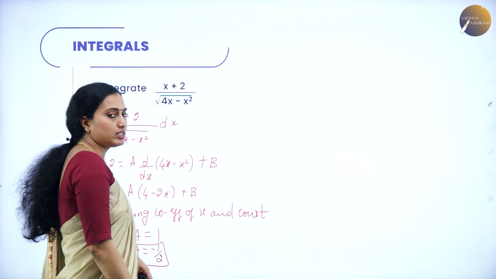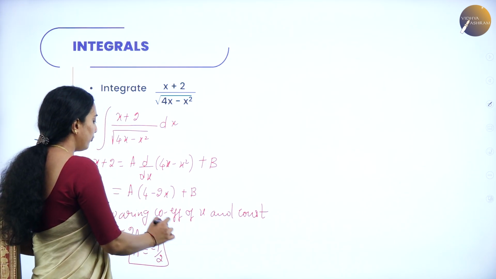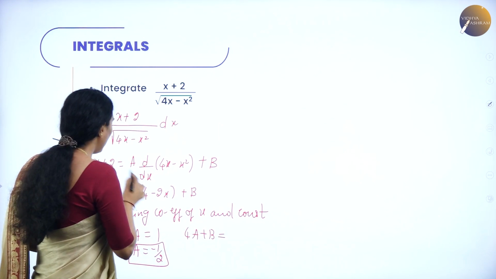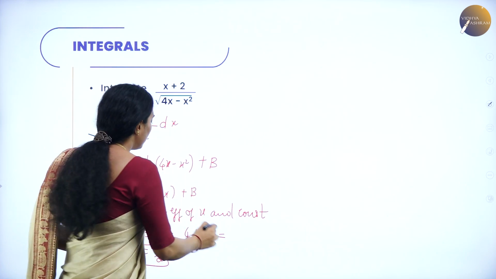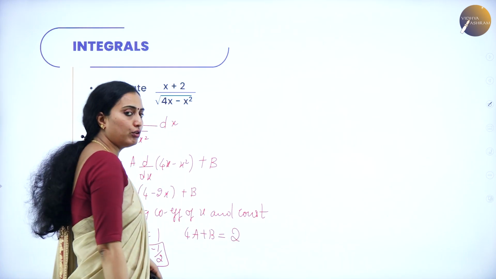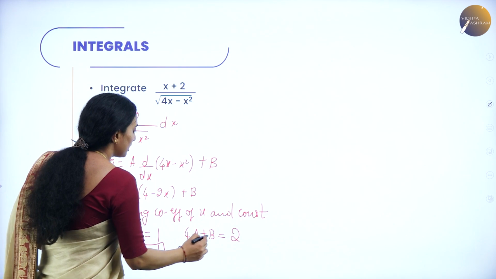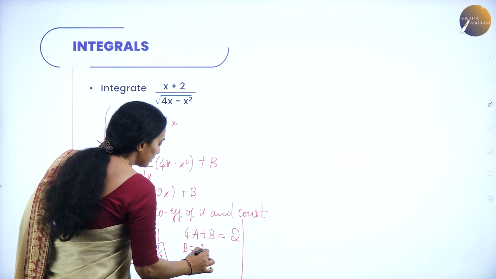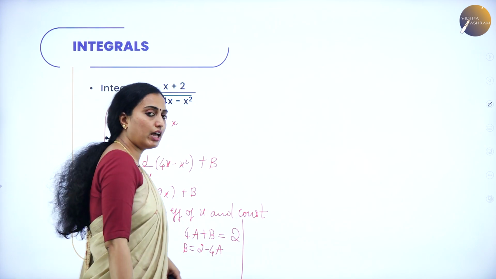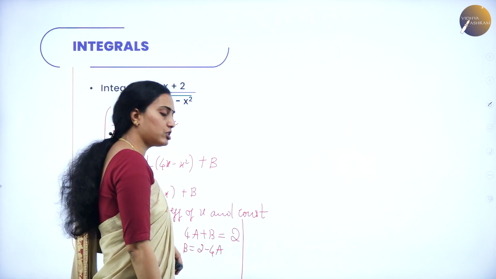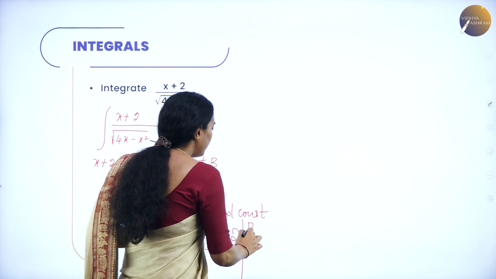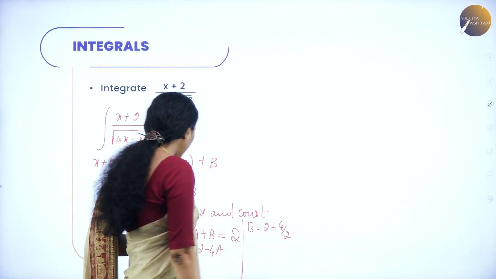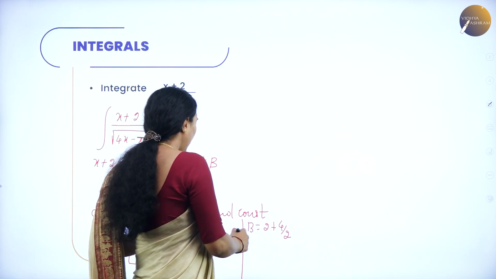Now comparing the constant term, a into 4 is 4a, so 4a plus b is equal to the constant term on the left hand side, 2. You already know the value of a, and b you are keeping as it is. So b will be equal to 2 minus 4a. Now substituting the a value, which is minus 1 by 2, minus into minus becomes plus. So b will be equal to 2 plus 4 by 2, because 1 by 2 will be the a value.